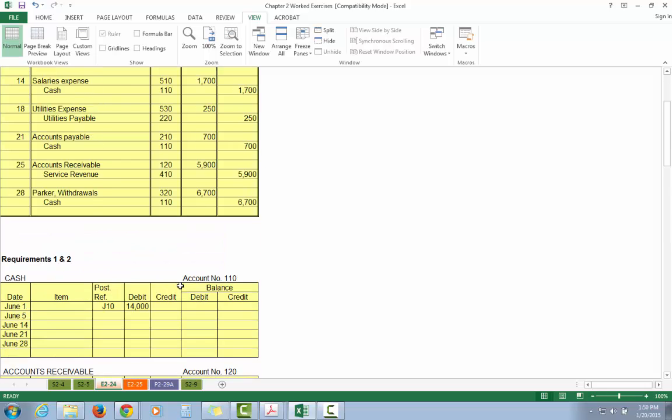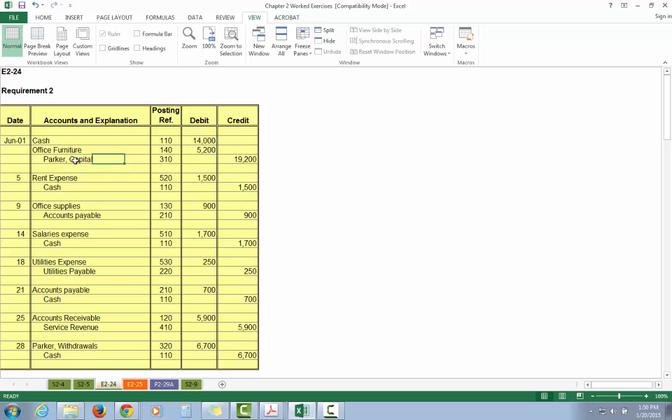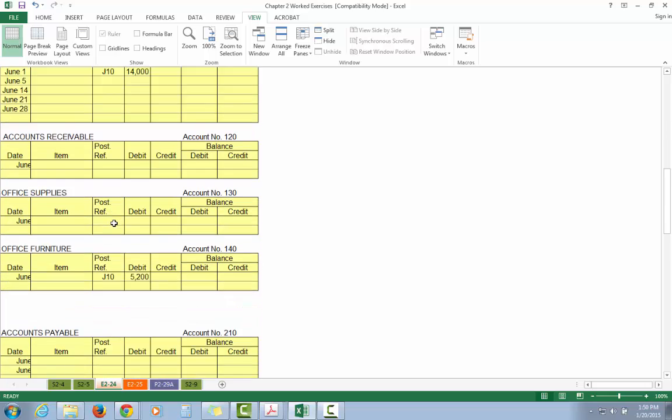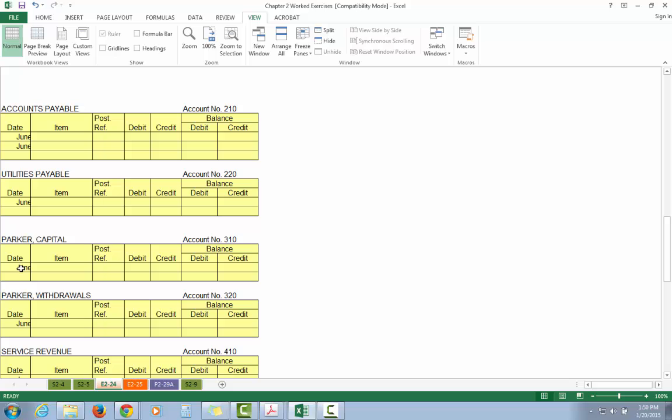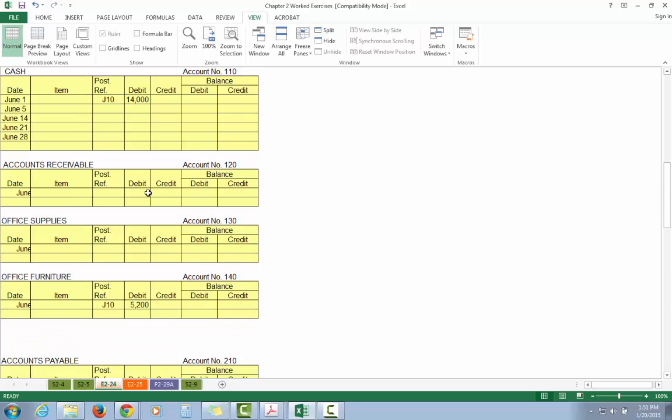Okay, and the last thing on there was credit Parker Capital for $19,200. So we're going to go down here, Parker Capital. This is on the June 1st, credit for $19,200, and we'll do J10.